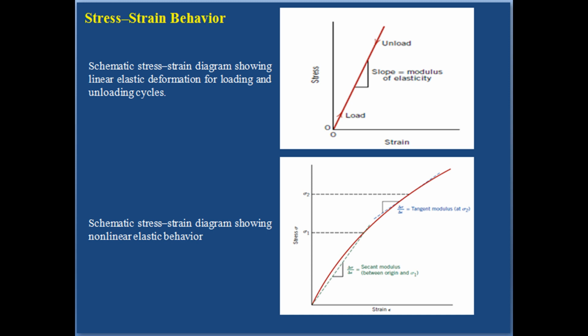The slope of this linear segment corresponds to the modulus of elasticity E. This modulus may be thought of as stiffness or a material's resistance to elastic deformation. The greater the modulus, the stiffer the material or the smaller the elastic strain that results from the application of a given stress. The modulus is an important design parameter used for computing elastic deflections.